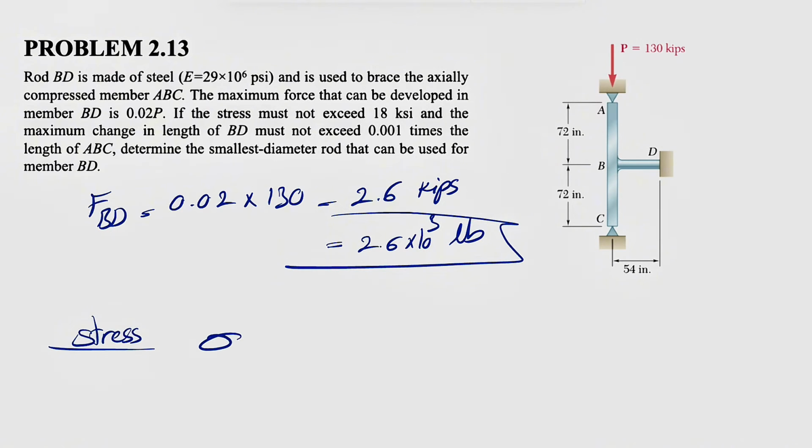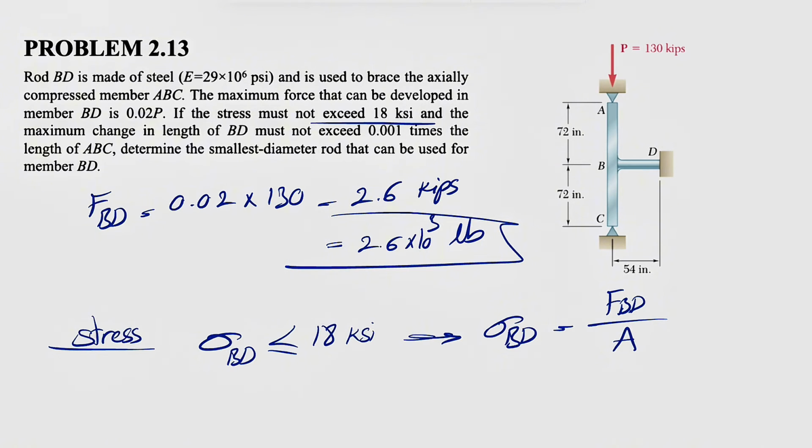We know that the maximum stress in member BD should be 18 ksi, so F_BD over the area is equal to or less than 18 ksi. Since we are looking for the smallest diameter, we have to go with the 18, because stress is equal to the force in BD over the area.